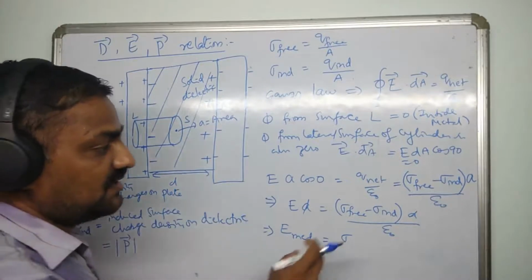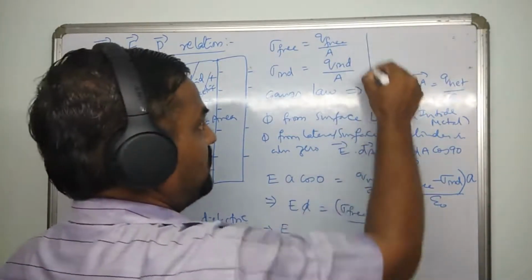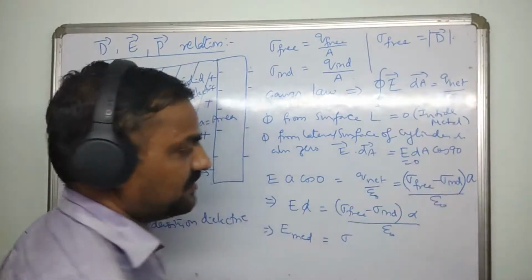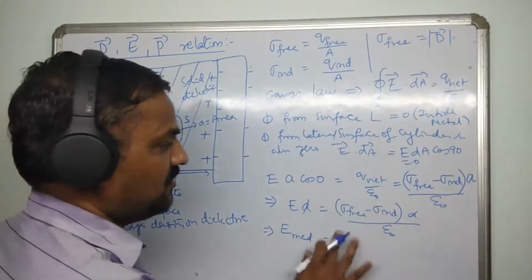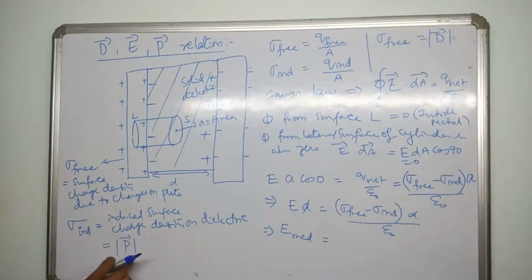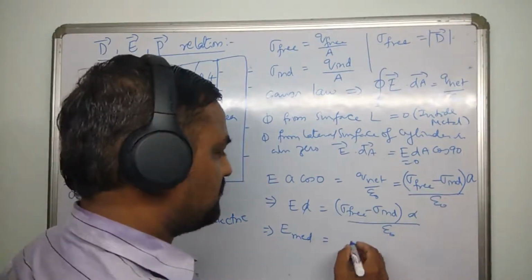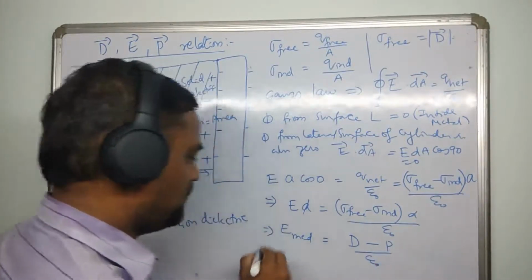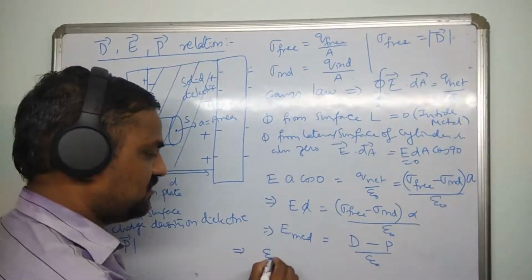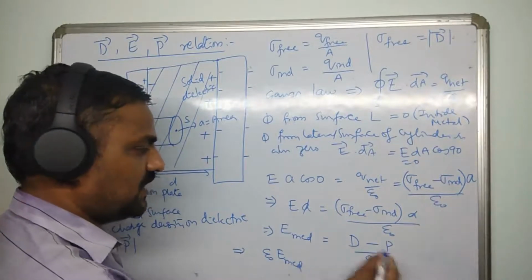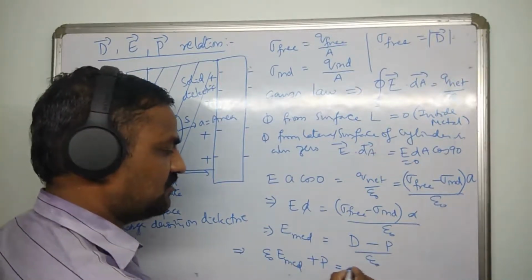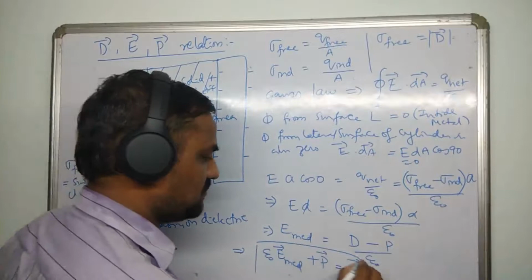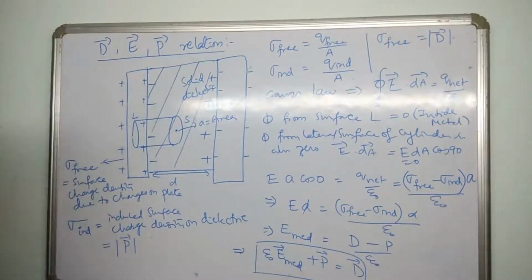Please recall sigma free is nothing but the magnitude of vector D, and sigma induced we have just defined is nothing but vector P. If you pull epsilon naught to the left hand side, it is epsilon naught E medium, and if you bring the P also to the left hand side, it is equal to D. Putting vector signs on all of them, this becomes a vector equation, and this is the so-called D, E, P relation.